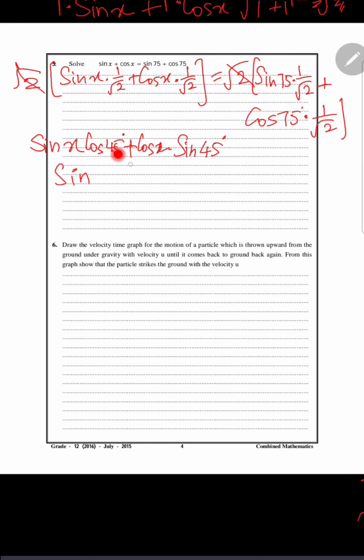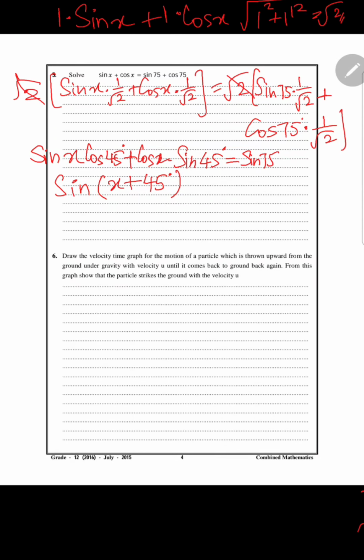This is sin a cos b plus cos a sin b. A is x, b is 45. Then I can write sin x plus 45 for LHS. Here for RHS also we can do the same thing. Sin 75 cos 45 plus cos 75 into, for that 1 over root 2, put sin 45.